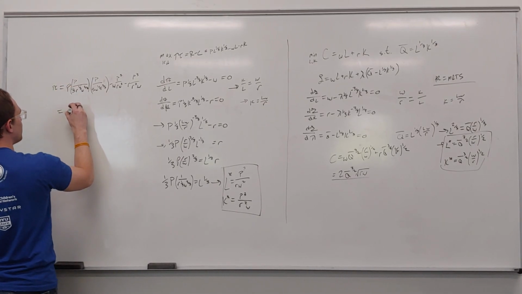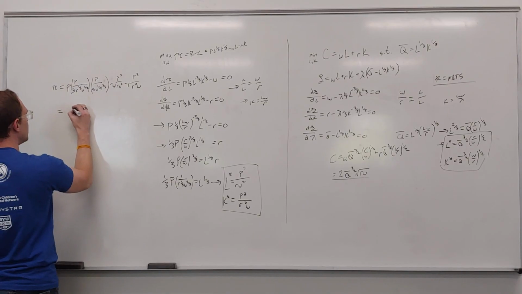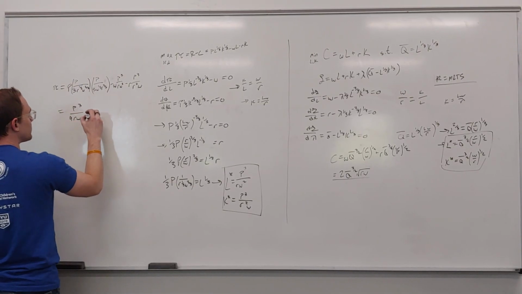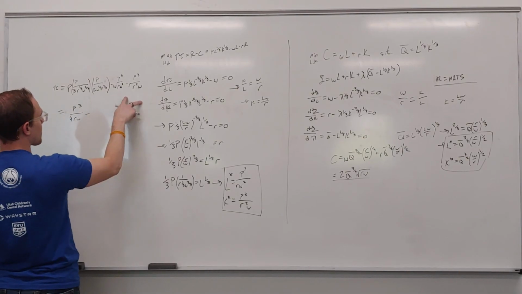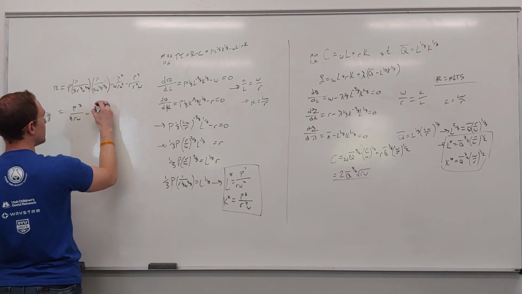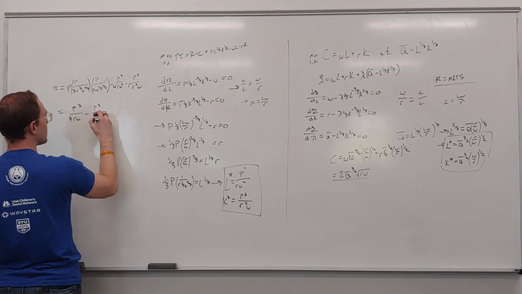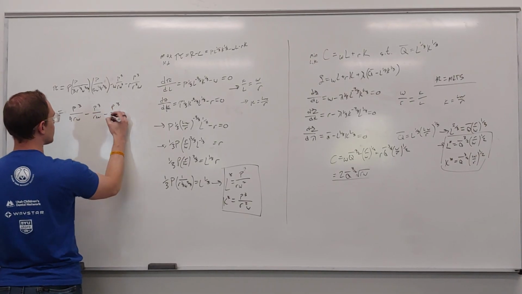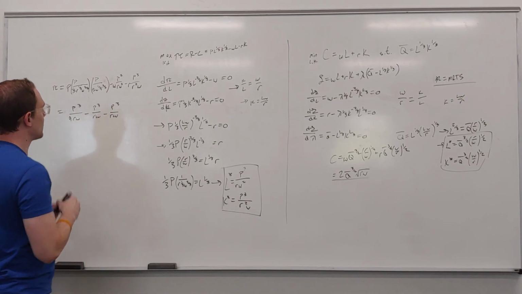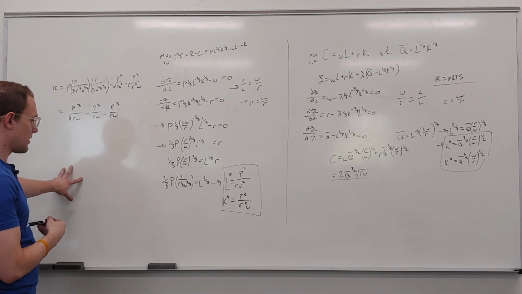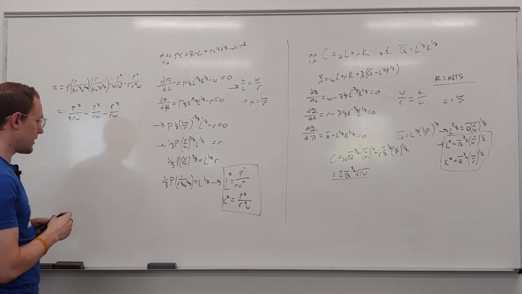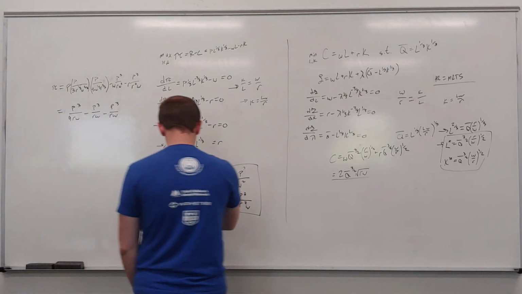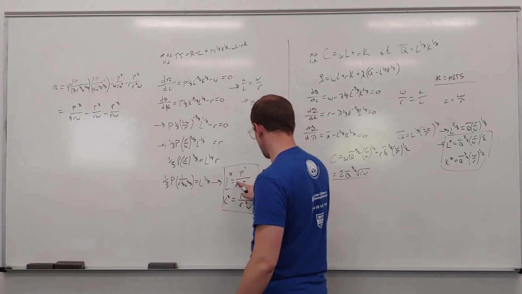And that's going to equal P cubed over 9RW minus P cubed over RW minus P cubed over RW. Shoot, I know what I did. That 3 was on the bottom and I forgot to cube it.